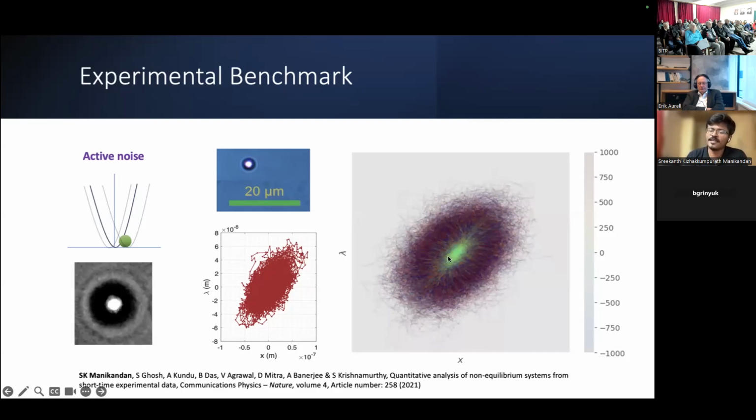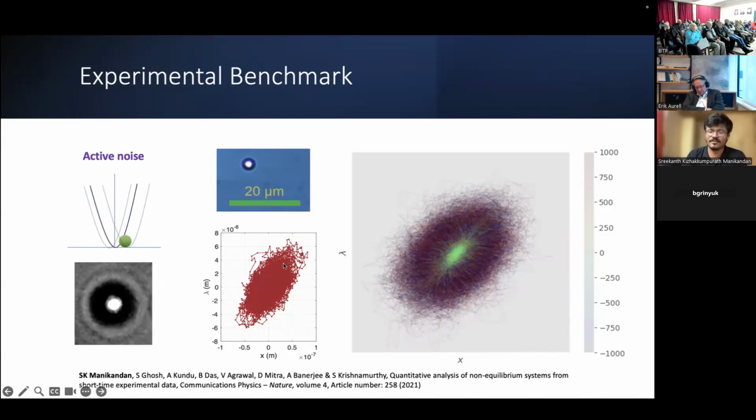And then you can color the same trajectory with dissipation and tell which parts, in this particular phase space, have higher dissipation. Sorry for this poor color bar. This green here means low dissipation or zero dissipation, essentially. So at the center of the trap, the particle is not dissipating, but everywhere else, there is asymmetric dissipation. This you can now measure, and everything is just from the experimental data.